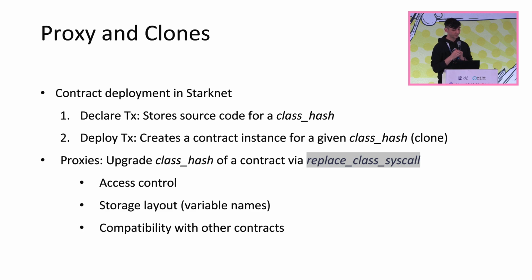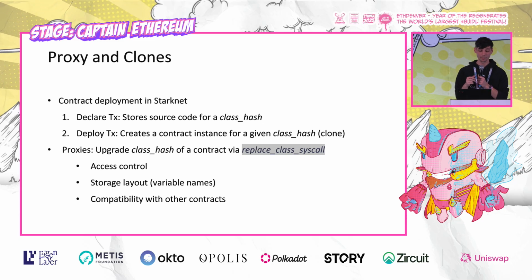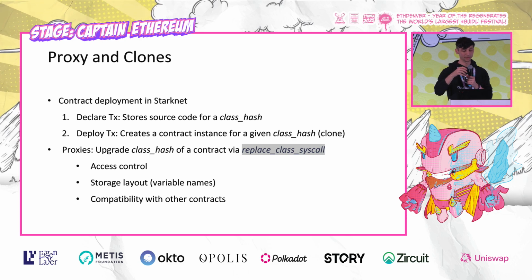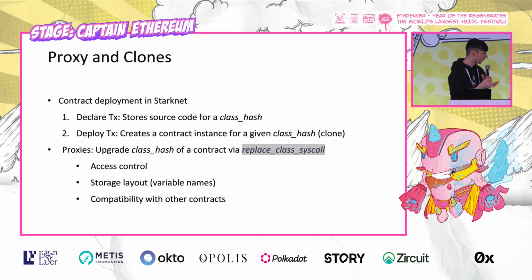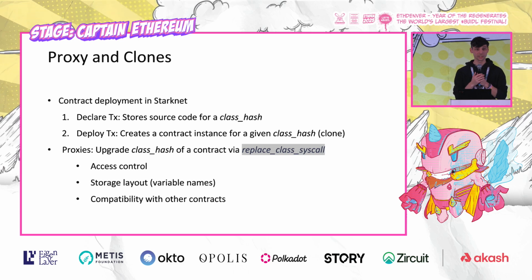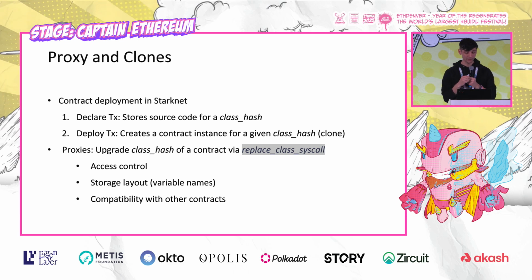This means that if you want to upgrade a contract, you can simply use the replace class syscall, which replaces the class hash of that specific contract. You have to, of course, implement a function in that contract to call it. Make sure that the access control is set.